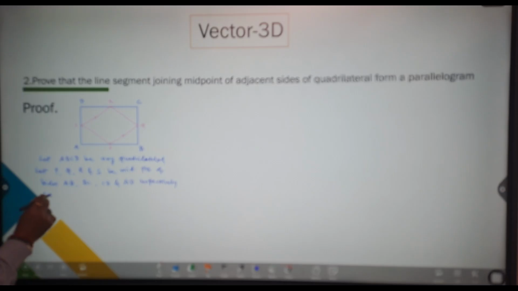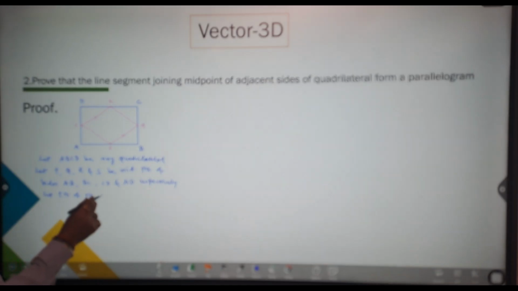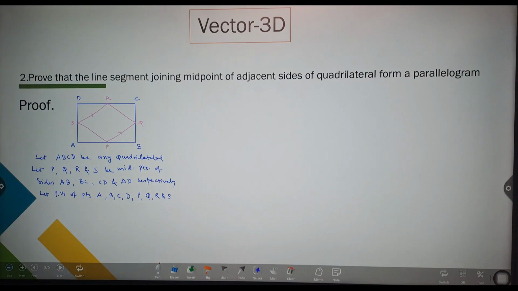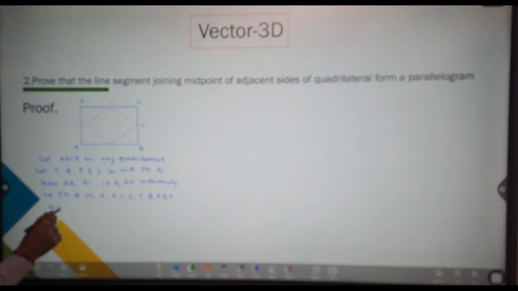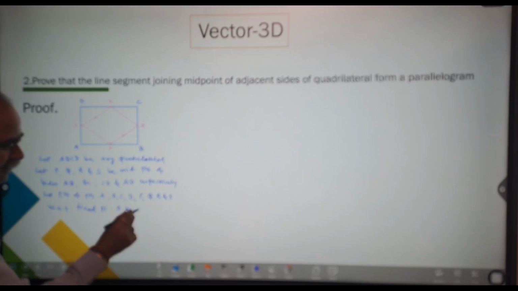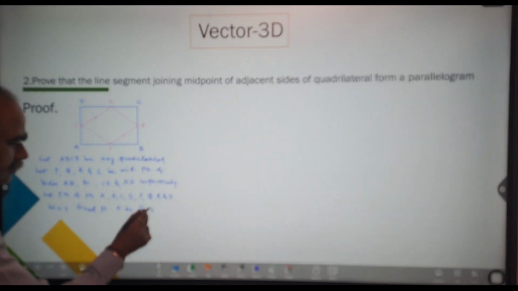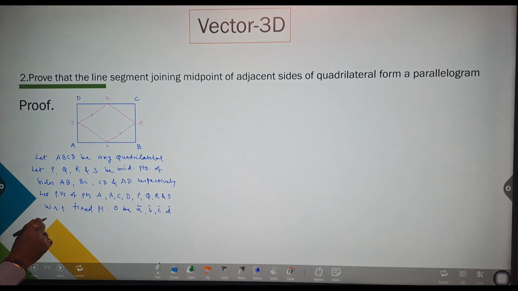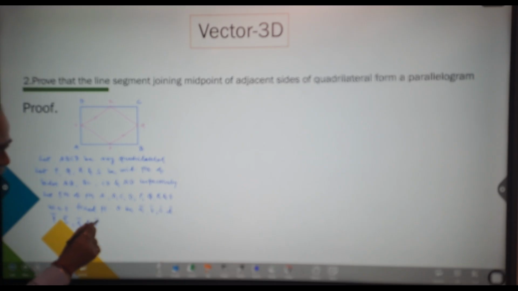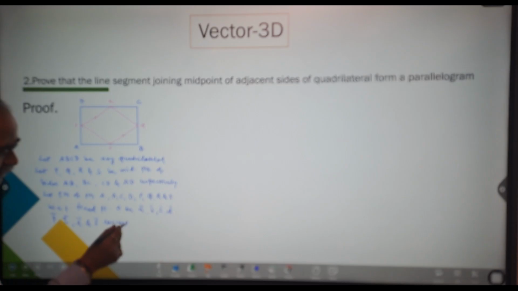Let position vectors of points A, B, C, D, P, Q, R and S with respect to fixed point O be A bar, B bar, C bar, D bar, P bar, Q bar, R bar and S bar respectively.